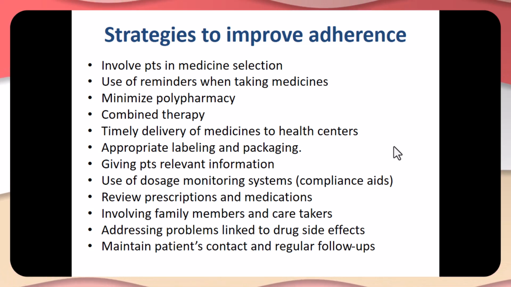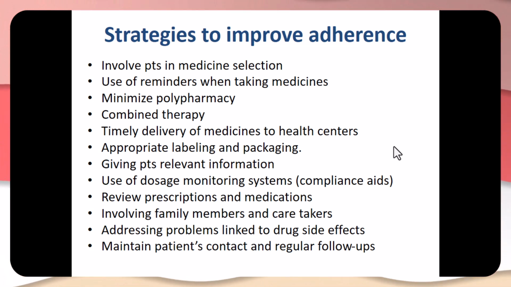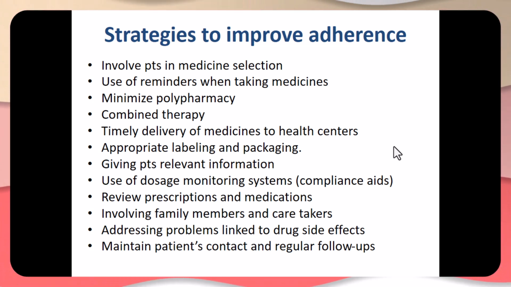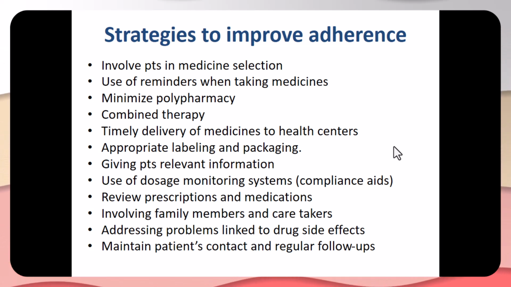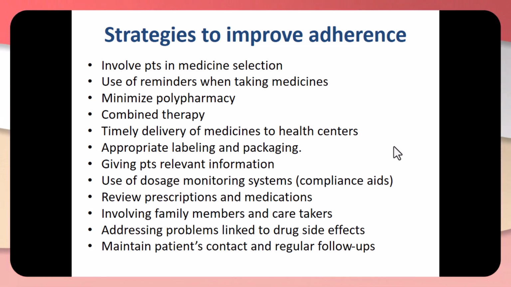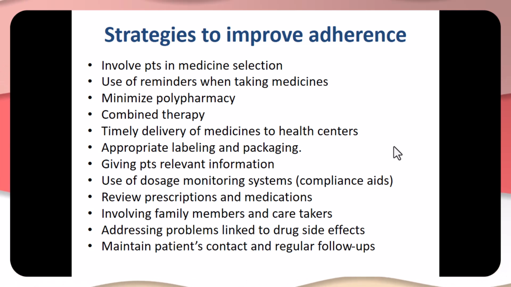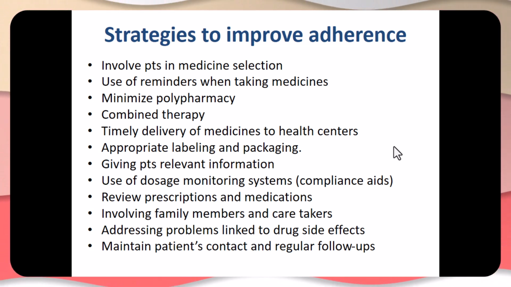You can always remind your patient when to take the medications. Minimize polypharmacy, having so many drugs treating the same condition. Okay, combined therapy, try to use combined therapy. Timely delivery of medicines to health centers, because sometimes patients go to the health facility or health center and they don't find medications there.